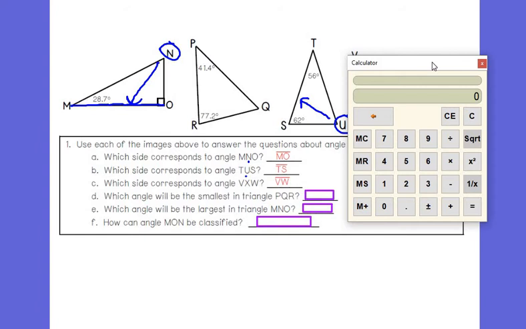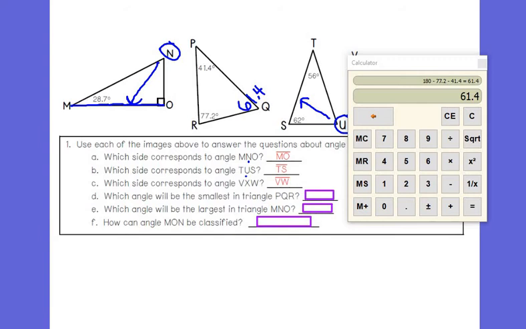I have to do 180 minus 77.2 minus 41.4, and I have 61.4 left. So what is the measure of angle Q? 61.4. Okay, now I can go back to my question.